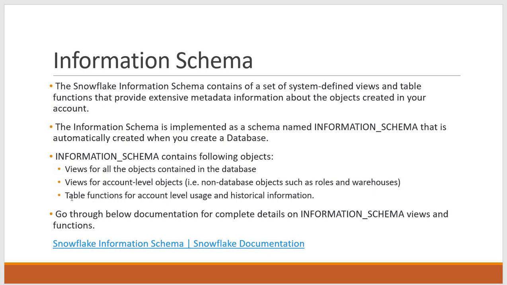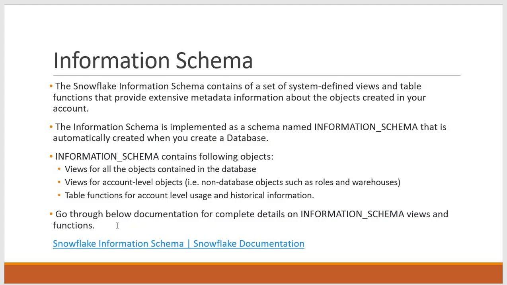And then it contains table functions for account level usage and historical information. These are system defined functions that give us details like account level usage information and historical information like load history and task history. We'll see what those functions are later in this session.